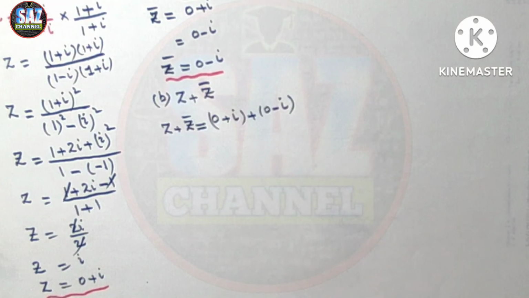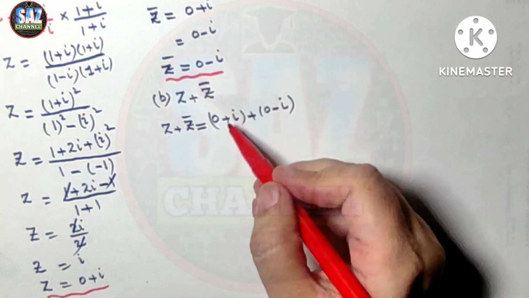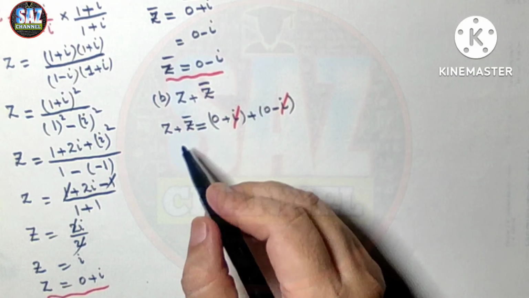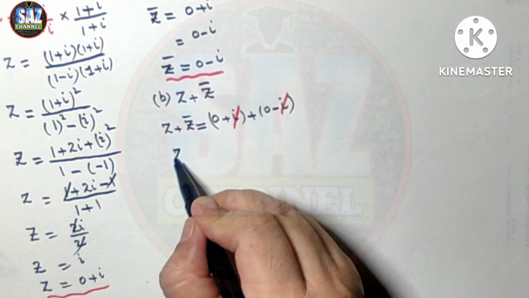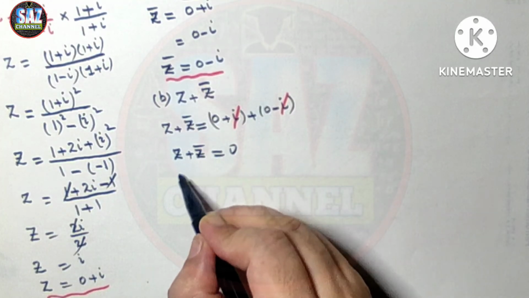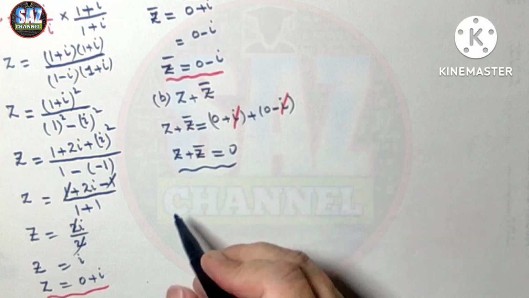We can see that 0 plus 0 is 0 and iota minus iota, they cancel each other. So z plus z bar will be equal to 0 only, and let us box this answer as well.